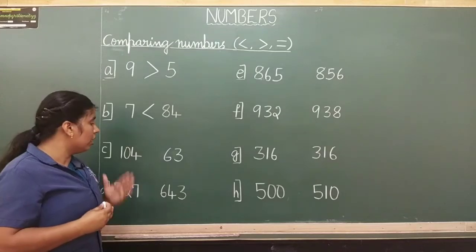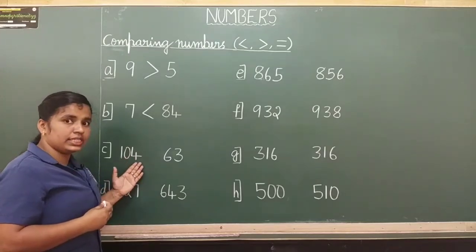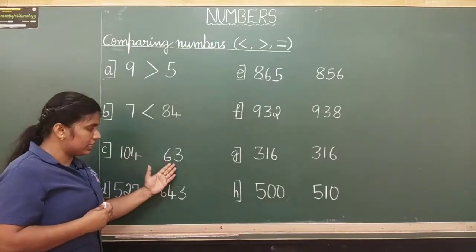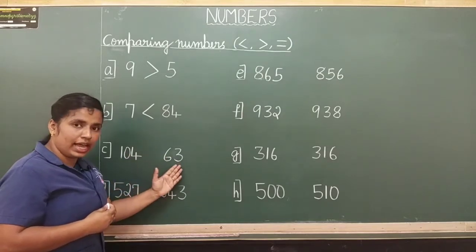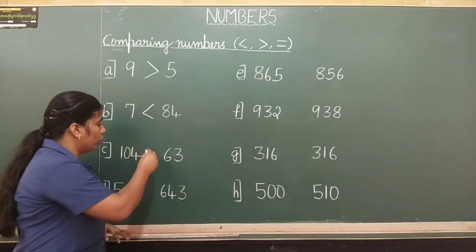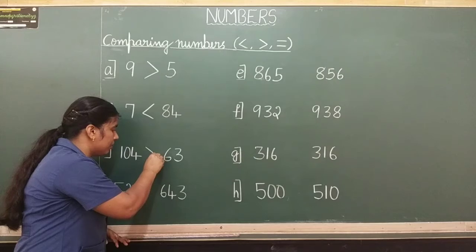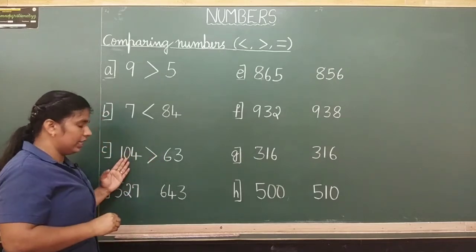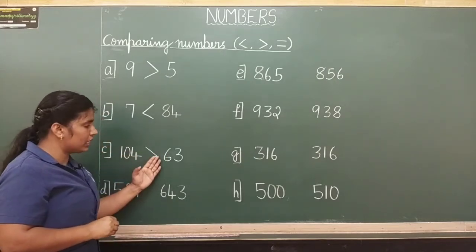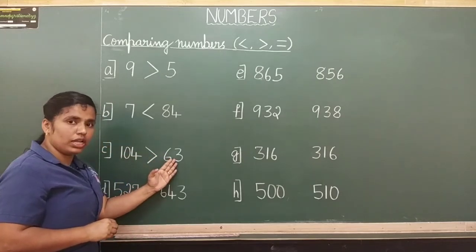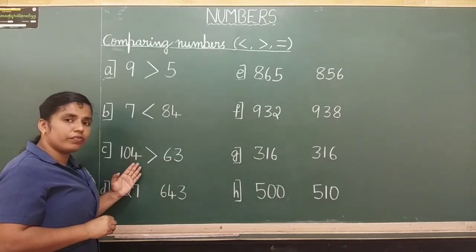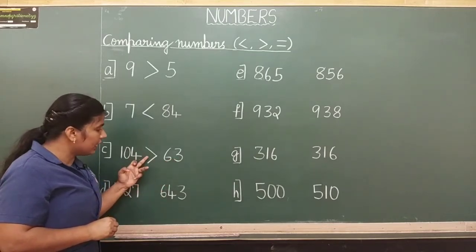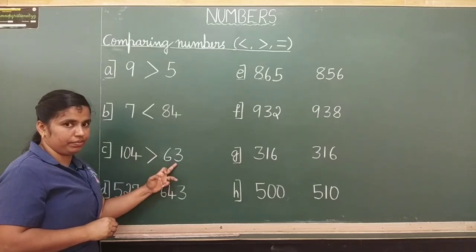Therefore here 104 is greater than 63. So the open side of the symbol represents the greater number and the closed side towards the smaller number. And we read it as 104 is greater than 63.